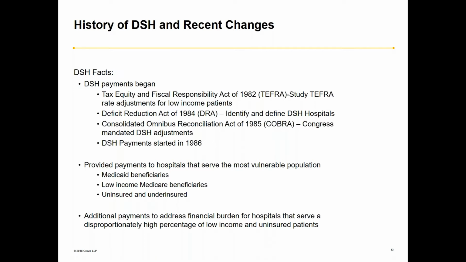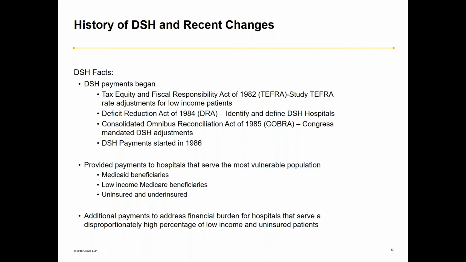So, Medicaid beneficiaries, low income, Medicare beneficiaries, uninsured and underinsured population. So this is basically an additional payment for hospitals to address the burden that they take on by serving these patients and may not be getting payments by providing these services.